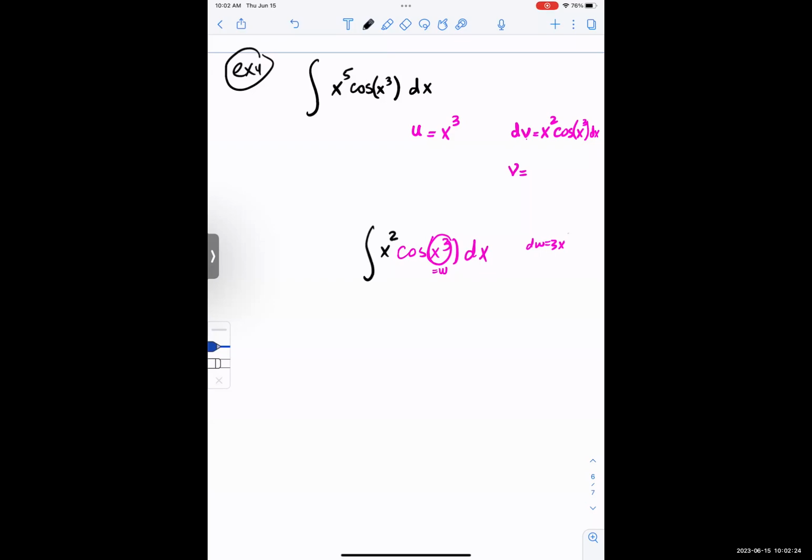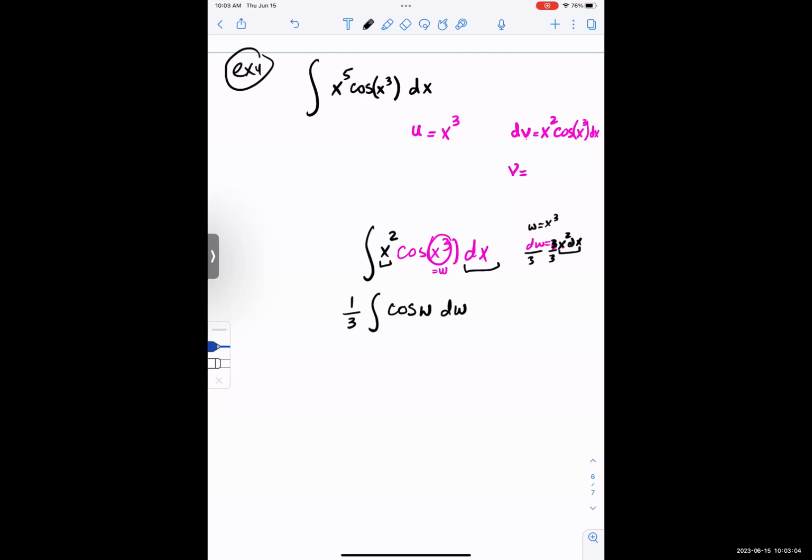So now if I let w be x cubed, dw is 3x squared dx. And there we go. I have x squared dx here. I just need to divide both sides by the constant 3. So it would be 1/3. Instead of x squared dx, I put 1/3 dw, and then cosine w.